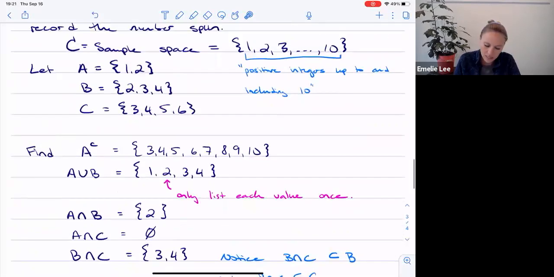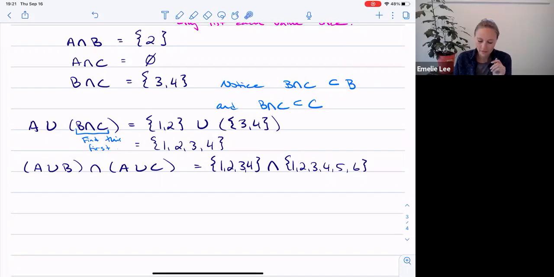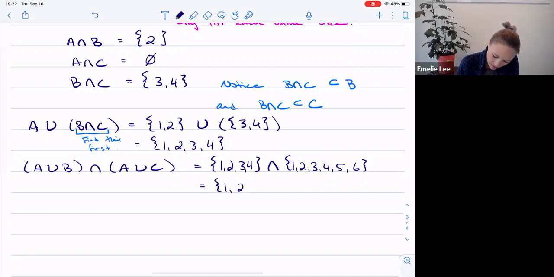So A or C is 1, 2, 3, 4, 5, 6. Then we're interested in the and, the intersection. So the intersection of 1, 2, 3, 4 and 1, 2, 3, 4, 5, 6 is going to be 1, 2, 3, 4.